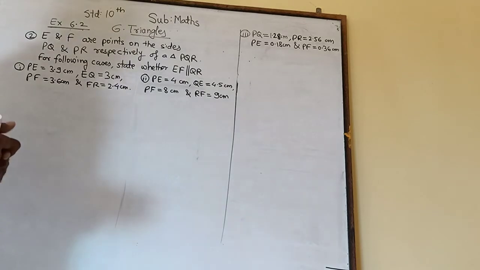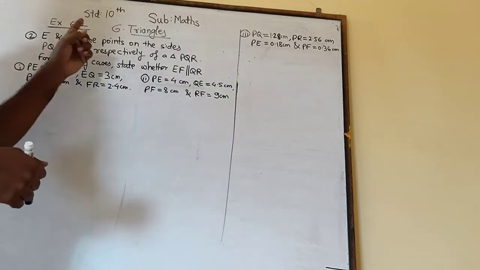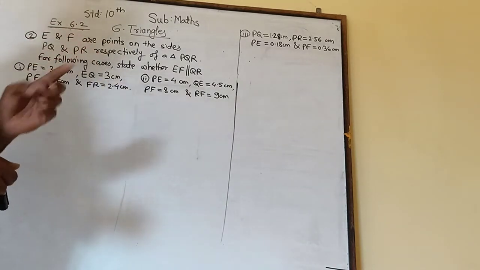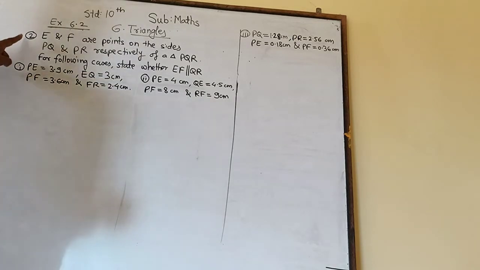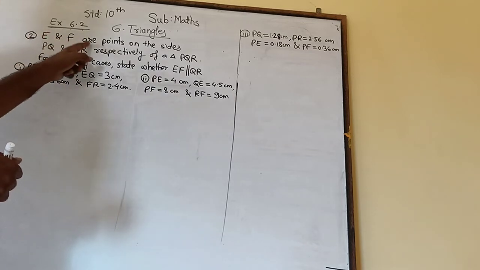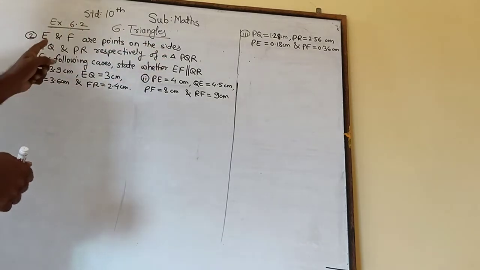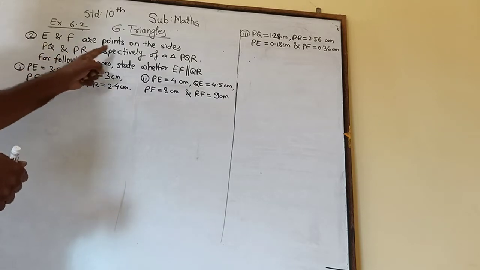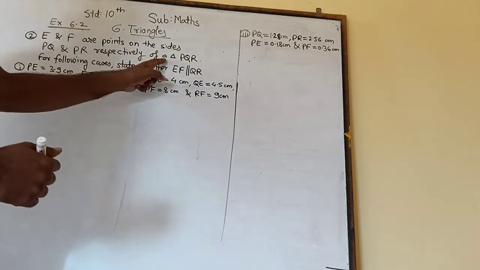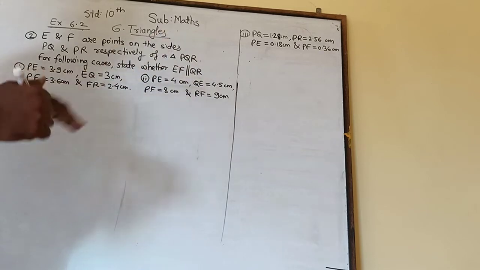Students, we have taken the first question of exercise 6.2 in the earlier class. Now we are going to start the second one. The second question is: E and F are points on the sides PQ and PR respectively of a triangle PQR.